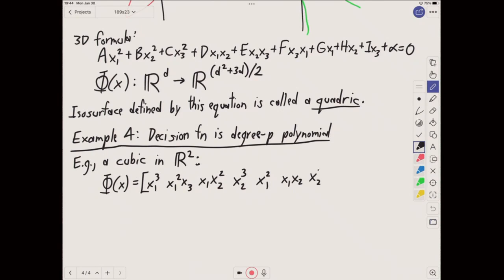There are 3 of those. And then we add all the linear terms. You could also, if you were doing regression, add a 1 at the end. That would be your 0 degree term. But for the support vector machine, the 1 is built in, so we don't need to add it.